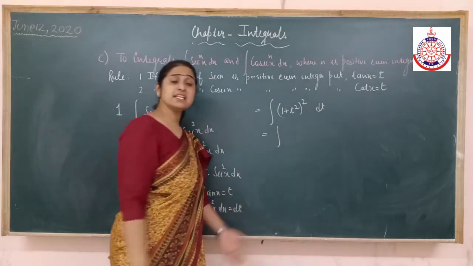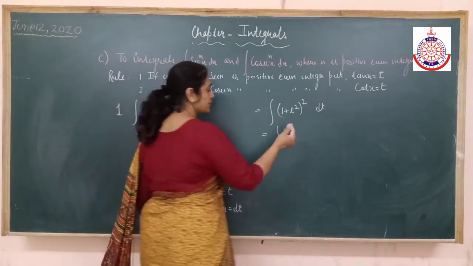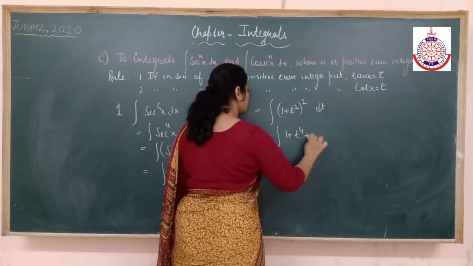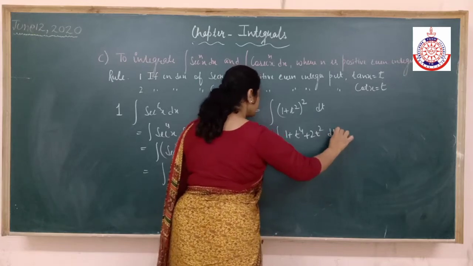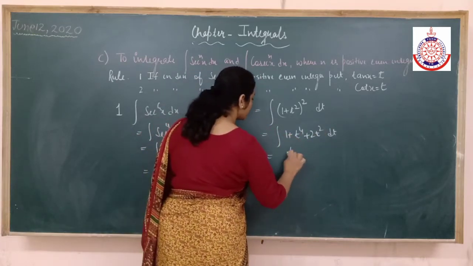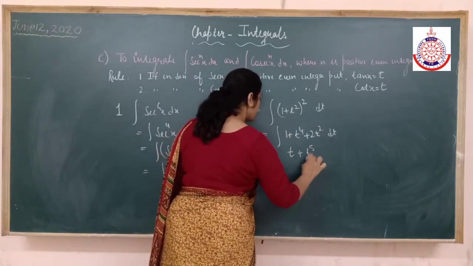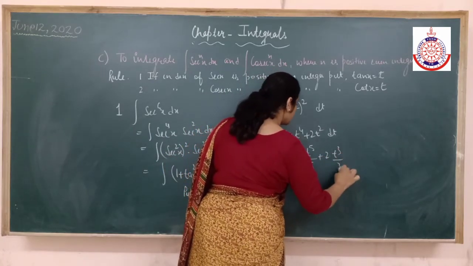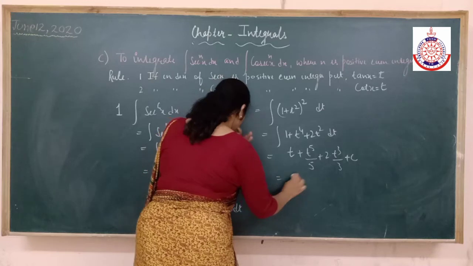That's it. Simple algebra. So now open the bracket. A plus b whole square, a square plus b square plus 2ab. Simple. Integrate. Integration of 1 would be t. Increase the power by 1 divided by the increased power. 2 as it is. Increase the power by 1 divided by the increased power. Put the values back.